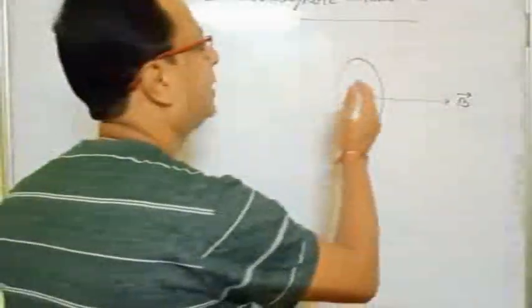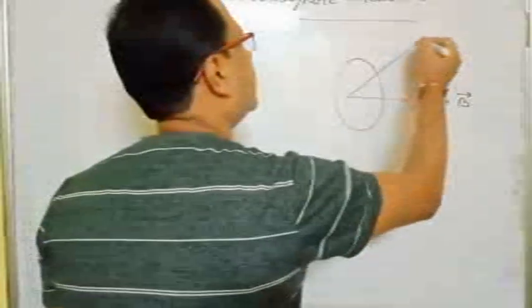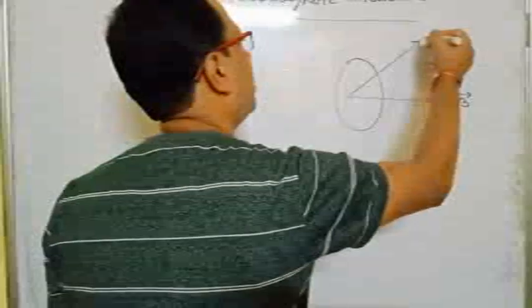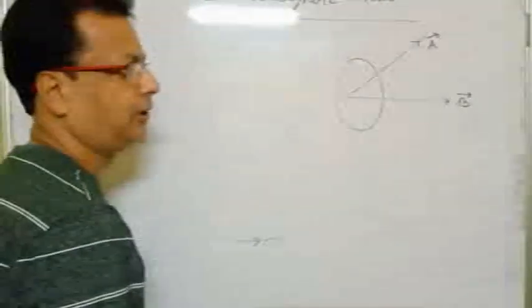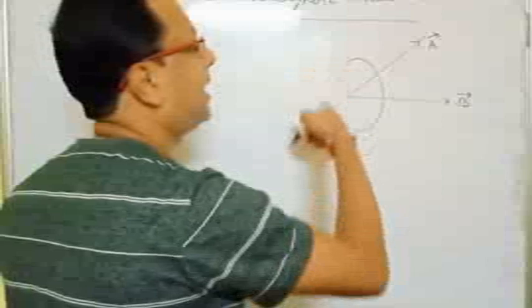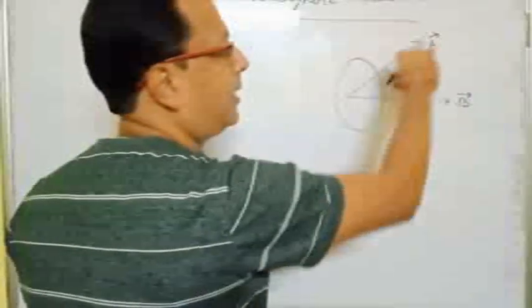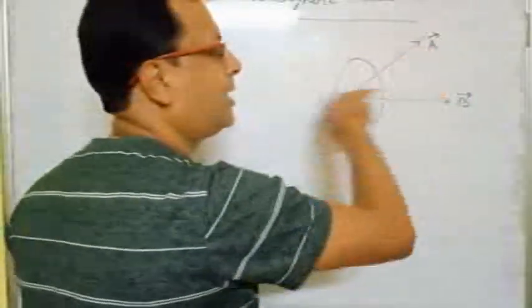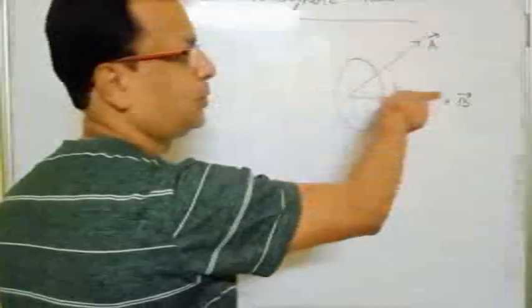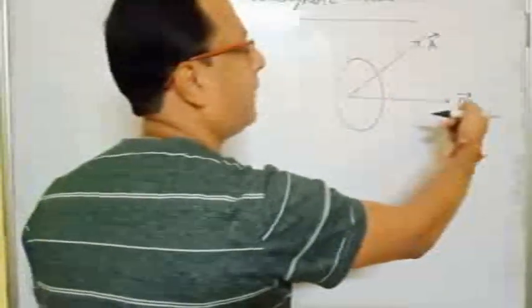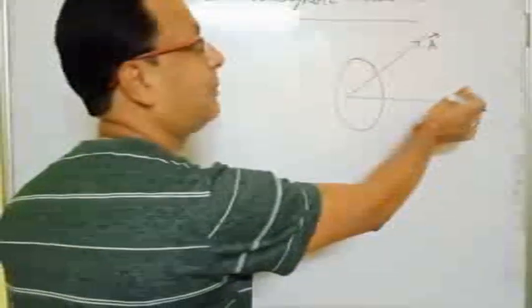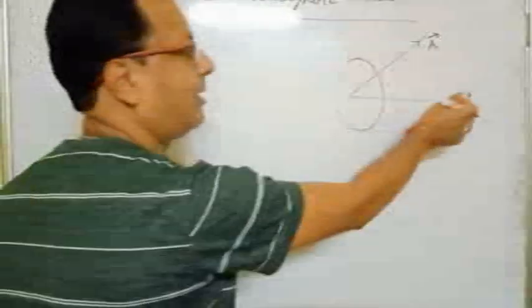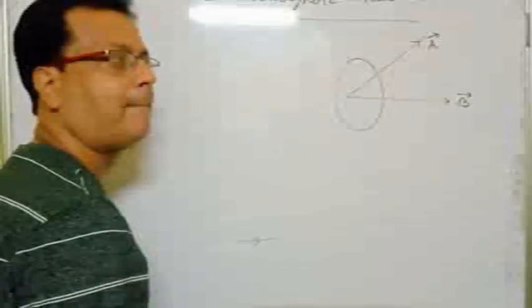This area is a special area and we know it as the area vector. So this area vector is A bar, and these lines of force passing through this area are denoted by B bar. In electric field, it is represented by E bar. For magnetic field, it is represented by B bar.